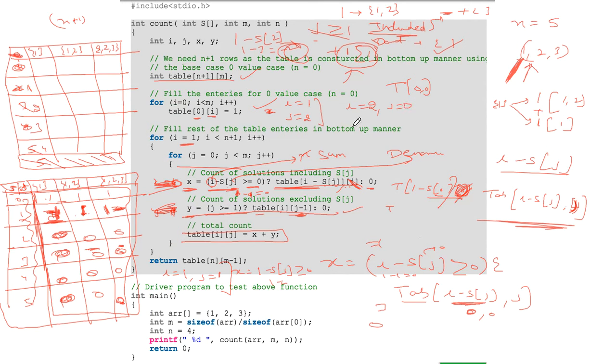Tell me X quickly. Quickly, final answer. I don't want intermediate calculation. Final answer X. Minus 1 is greater than 0.